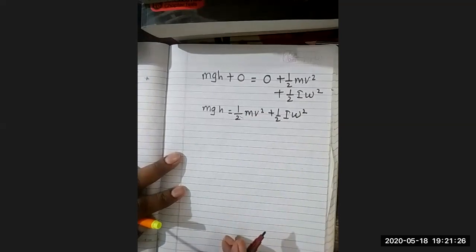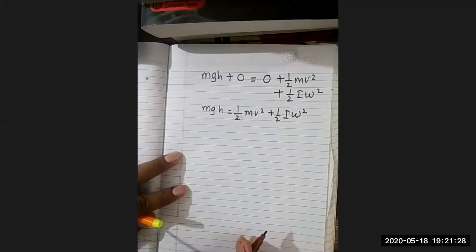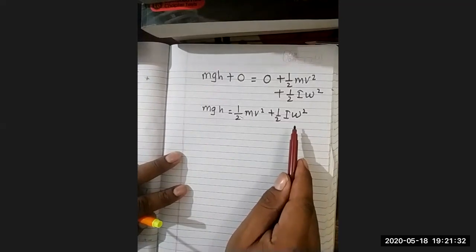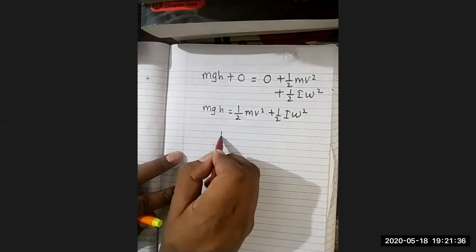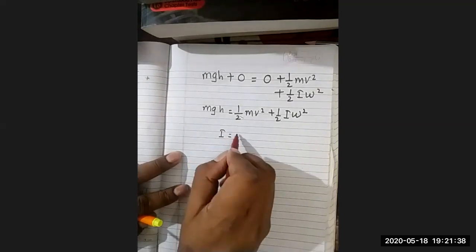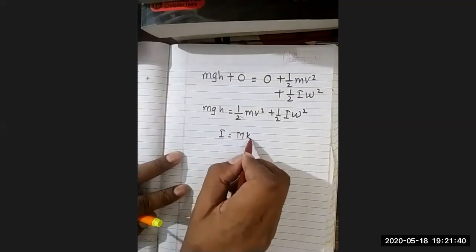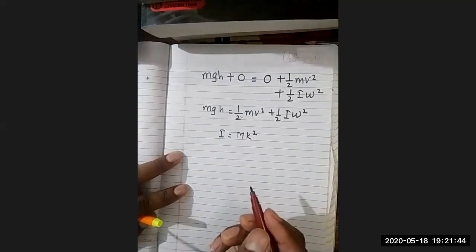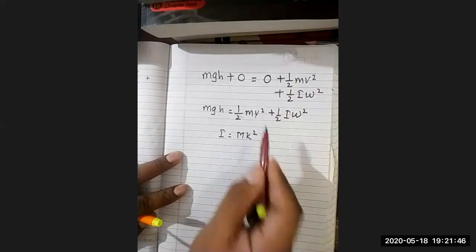Now instead of I, you can write I equals m k squared, and instead of v you can put r omega, but we want to calculate the value for the velocity.